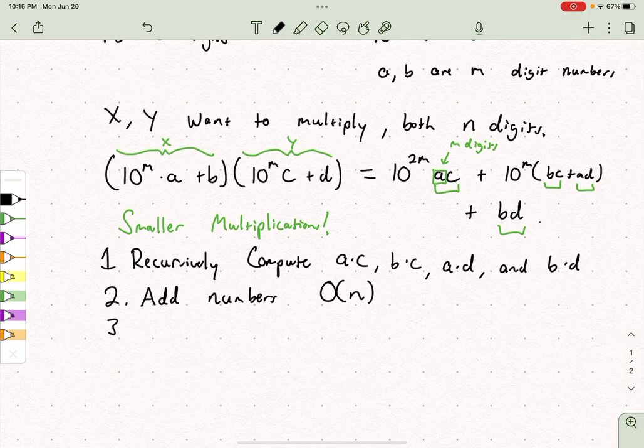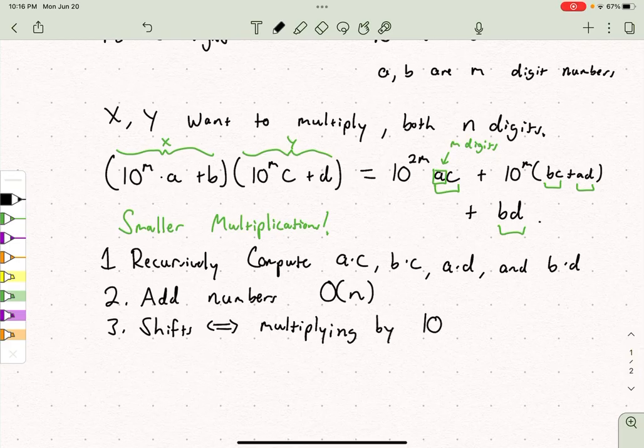And then we can also do shifts. Shifts are equivalent to multiplying by 10 to some power, so here, say 10 to the 2m, or 10 to the m.